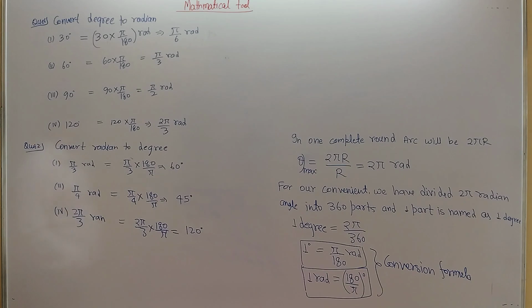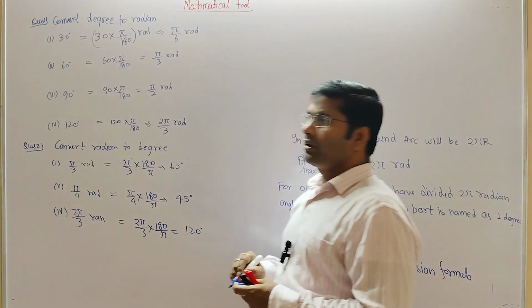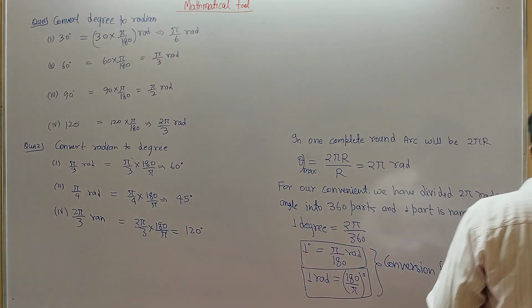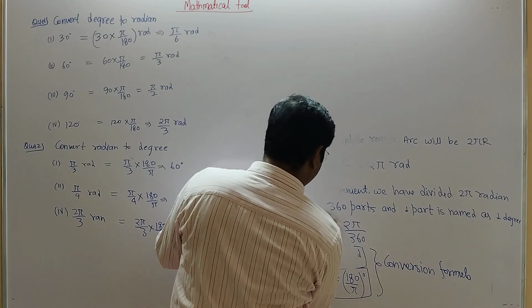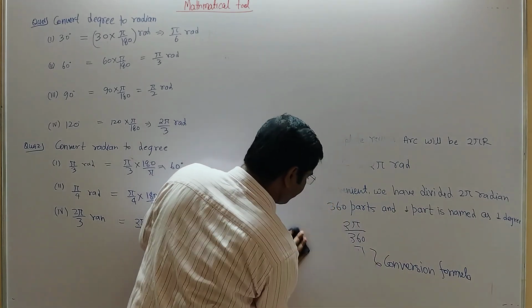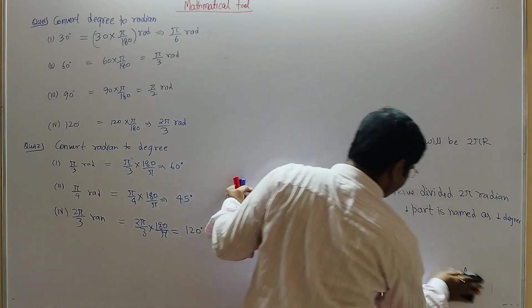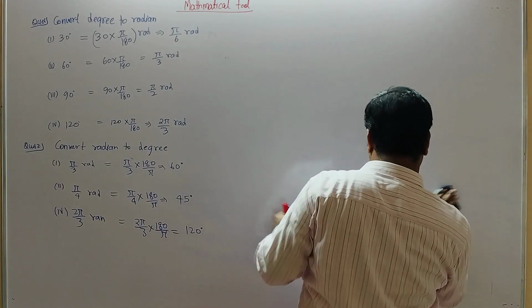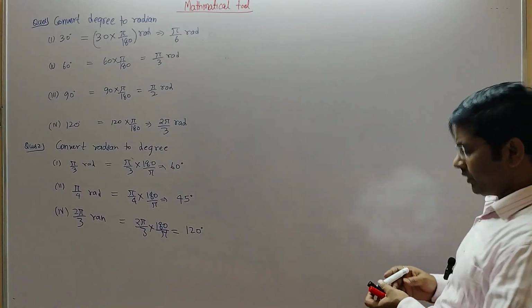So this is how we can convert radian to degree and degree to radian. Clear? So the next one is trigonometric ratio.